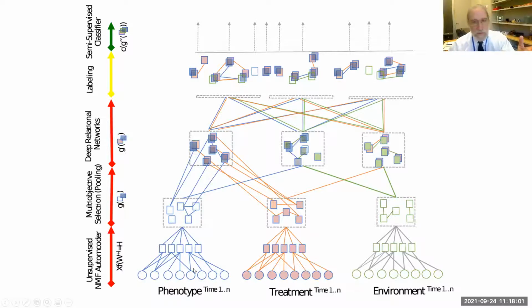So to give you a simple example, although I will give you much more detailed examples later, we can identify what are the individuals that share a certain number of features in the images in the brain. Then we identify the individuals that share a certain number of gene variations.